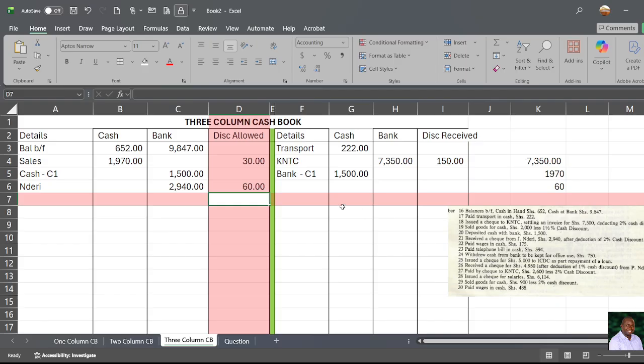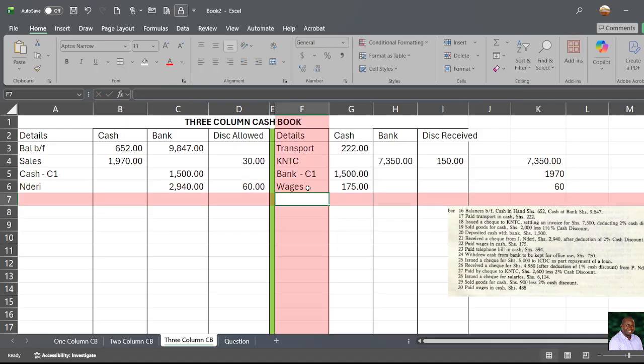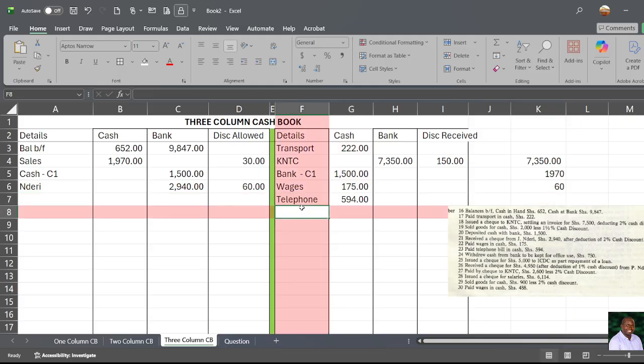Paid wages in cash 175. So we have our wages, paid in cash 175. Then paid telephone bill in cash 594, so we have telephone paid there of 594. Then he withdrew cash from the bank to be kept for office use.